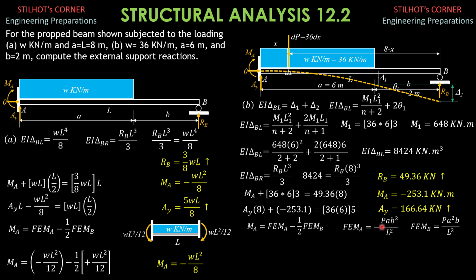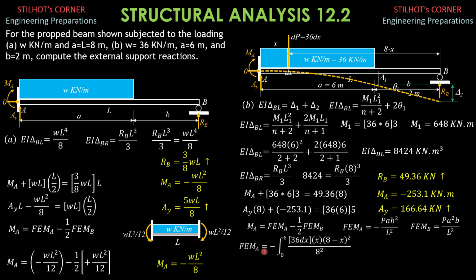So substitute, because this is in differential form, so we use integration here. So a is the distance of dP from the left, which is x, and b is the distance of P from the right, so 8 minus x. So fixed moment A is negative integral of 36 dx times x times 8 minus x squared over 8 squared.